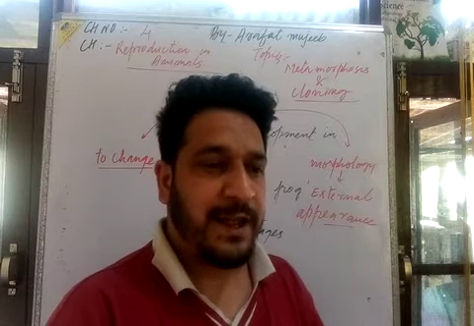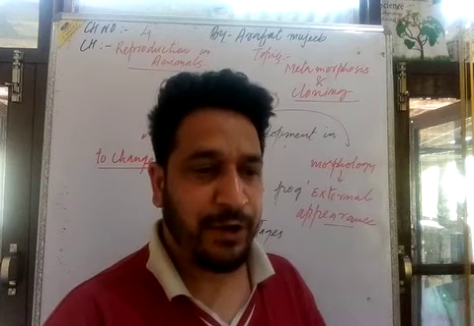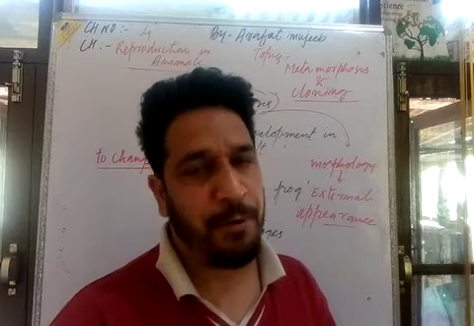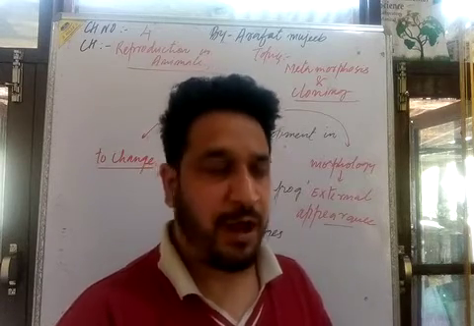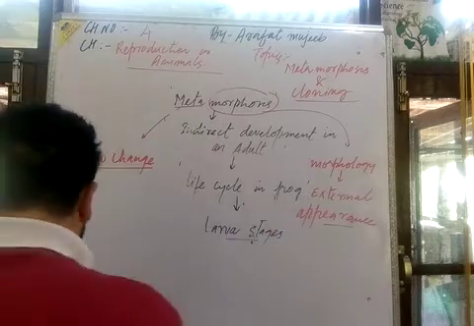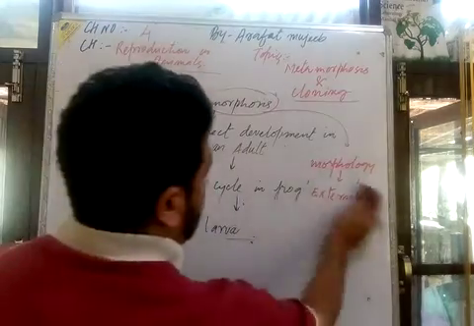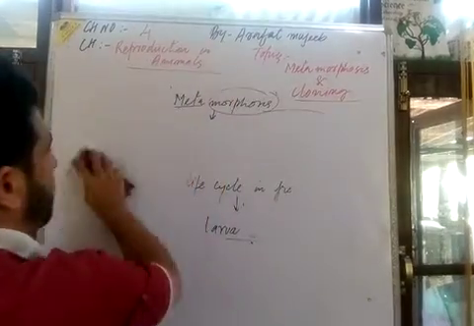How the intermediate organisms, the larvae, look different from their parents, the adults, and how this change in morphology takes place, let us discuss.